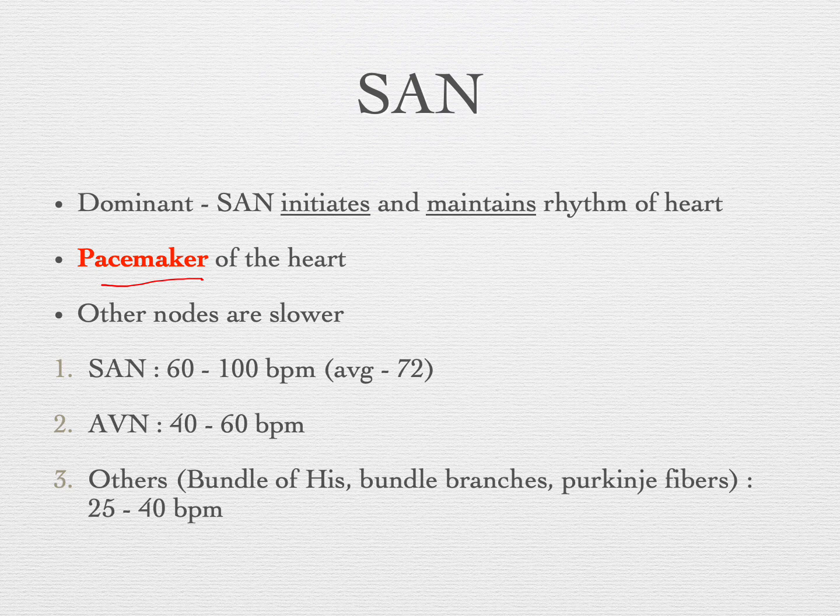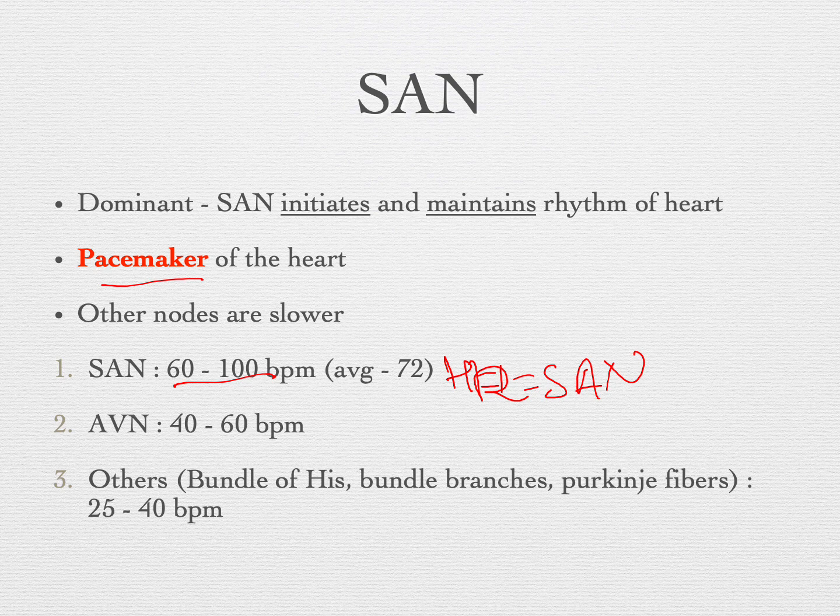The speed at which the sinoatrial node initiates the action potential is 60 to 100 beats per minute, which is equal to the speed at which the heart beats in 1 minute. Hence, in a normal individual, the heart rate is equal to the rate at which the sinoatrial node generates and conducts the signals. And this concept is very frequently tested in your exams.